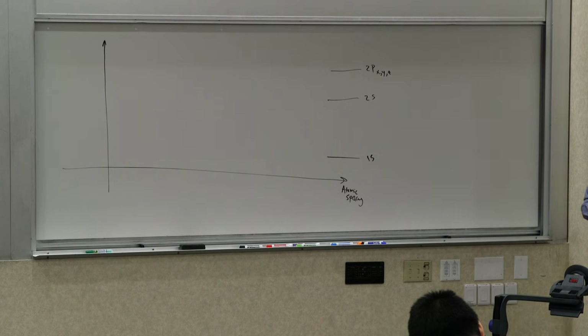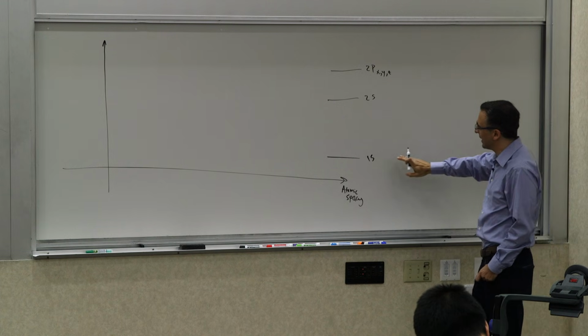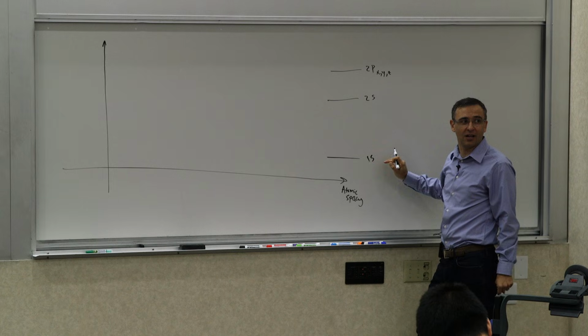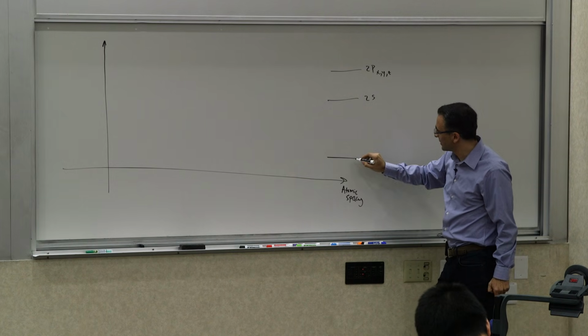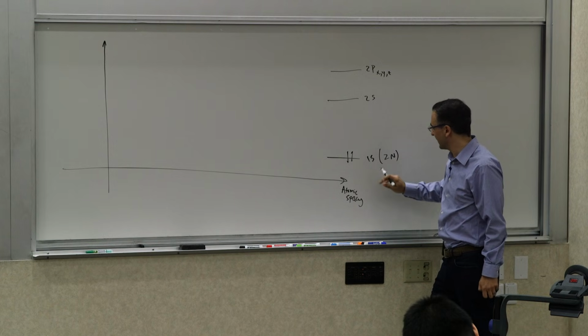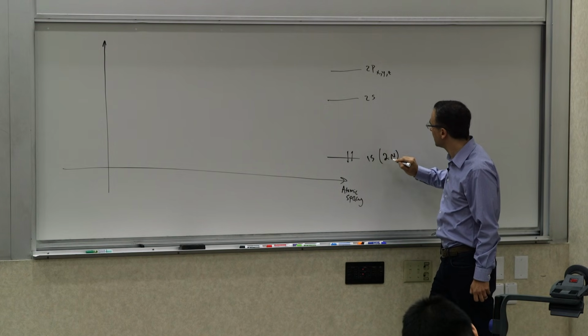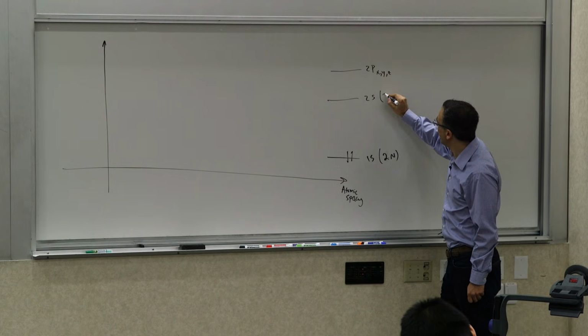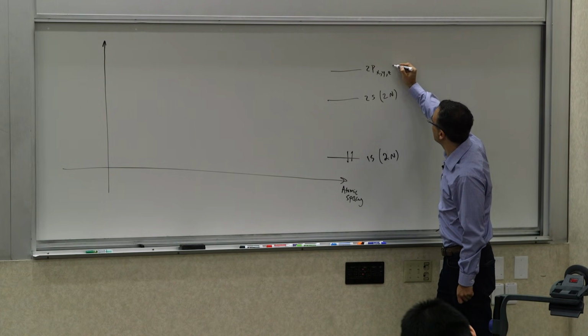For n atoms, how many available states are in 1s? 2n, right? For each atom you have 2 because of the spin. So you get 2n states available for n atoms. And how about 2s? Same deal, you get 2n states. And how about 2p?